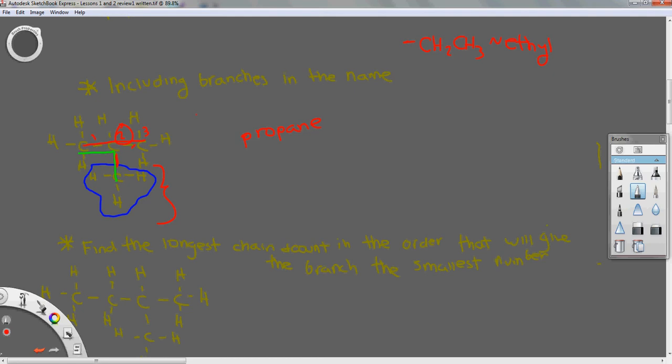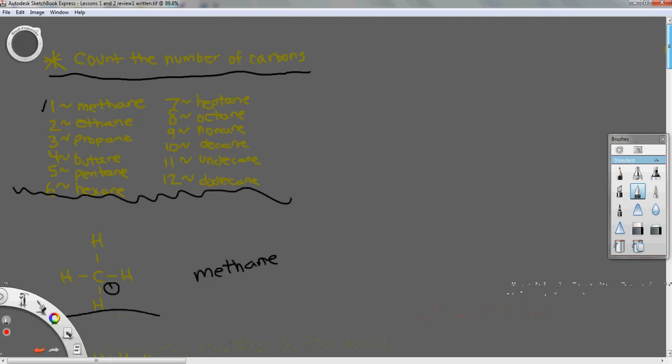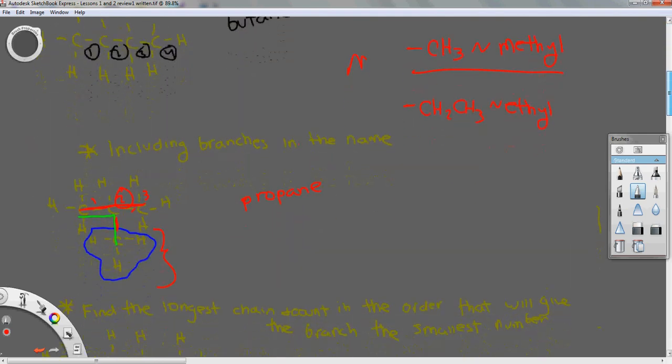So anyway, it's propane because the longest path has 3 carbons in it, and if you've memorized this list, you check that, oh, 3 carbons must be propane. Now let's include the branch into it. Since we know this is called methyl, and we include the number of the carbon it comes off of, which is right here, number 2, it's called 2-methyl, and then you can put the name right there, propane.